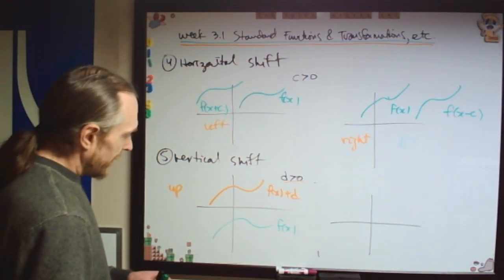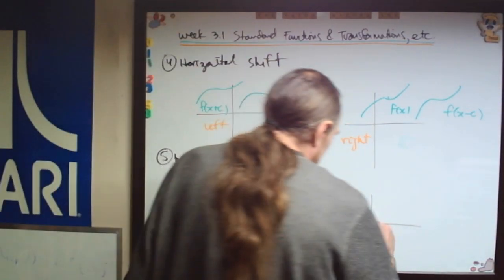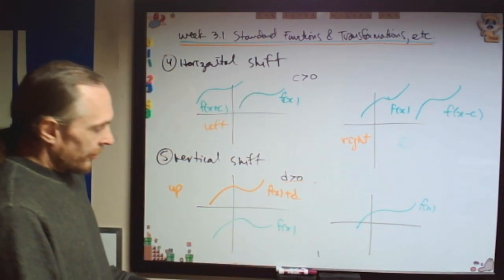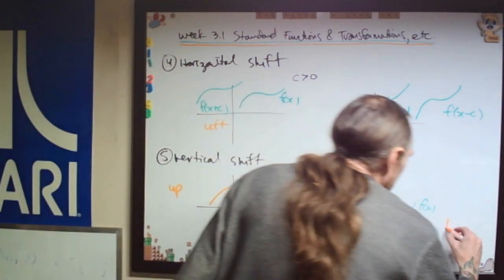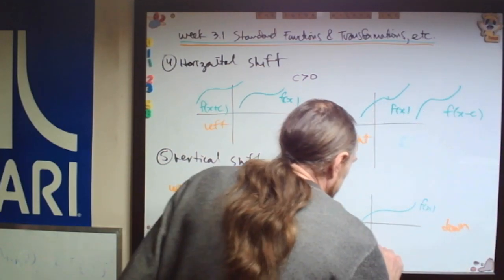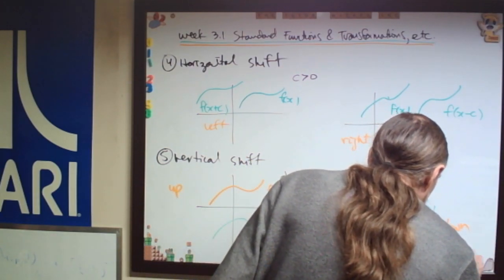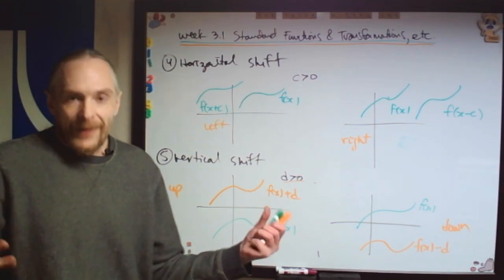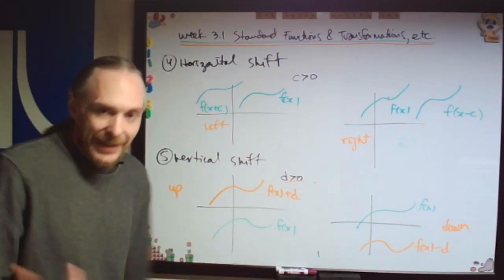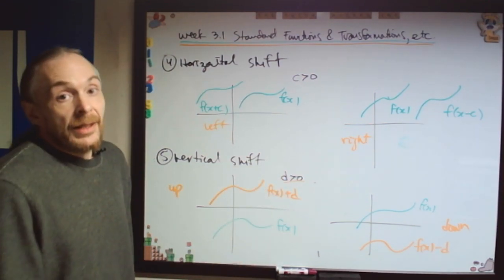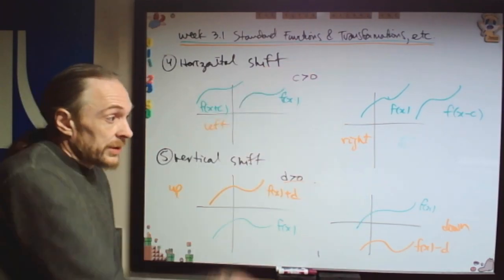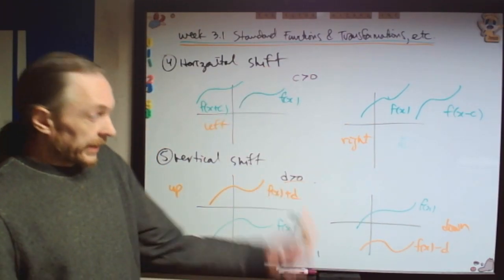And the last one, if I have my function f of x, then subtracting d will shift me down. Therefore, we have 5 categories, with 2 cases in each one: reflections, vertical stretch and shrink, horizontal stretch and shrink, vertical shifting, and horizontal shifting.